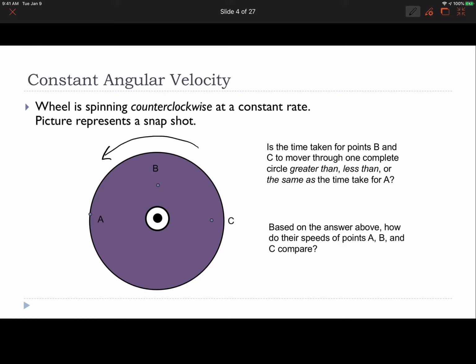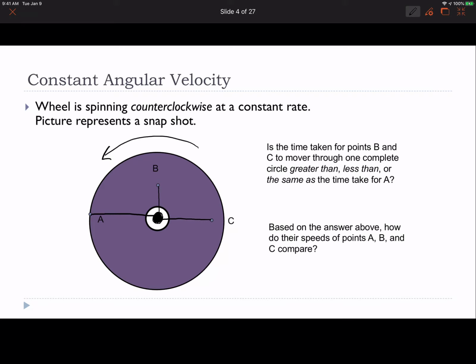And then based on that answer, how do their speeds actually compare to one another? So if we think about this disc rotating, you could imagine that here is my axis of rotation in the center. I've got some distance from the axis of rotation for A, some distance for C, and some distance for B.